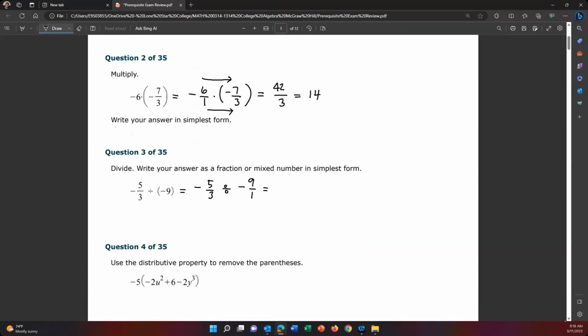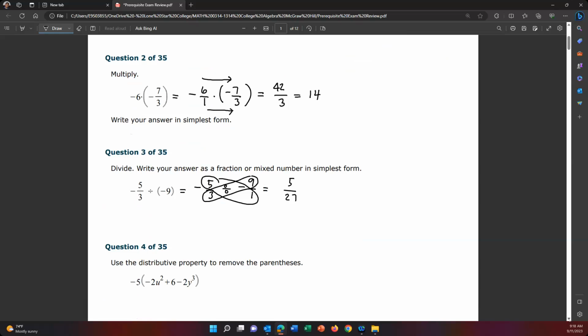Okay, we got the sign right. And in this case, we could do cross multiplication. So 5 times 1 will be 5. And then in the denominator, we get 9 times 3, which is 27. And this fraction doesn't reduce. It is as good as it's going to get.